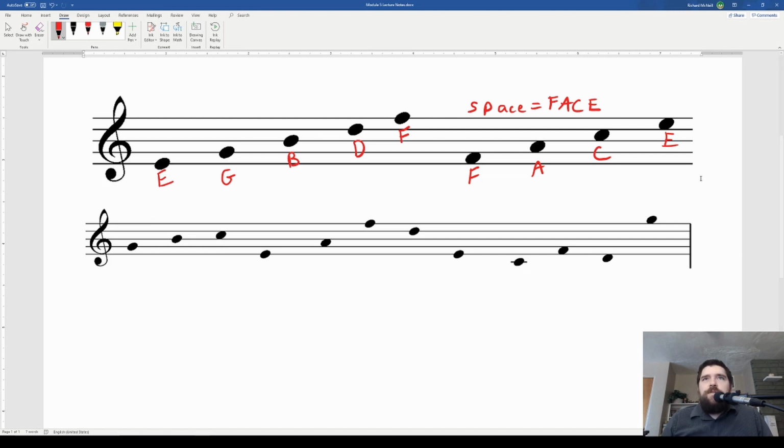Now we need to be able to use it to figure out what are all the note names just in a random order. So here, this is on the second line, so I go Elvis's guitar, that's a G. Then I go Elvis's guitar broke on that line, that's a B. Now, on these, you always want to make sure, is this a line or a space first?